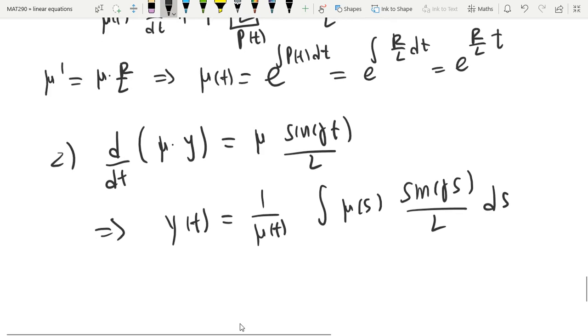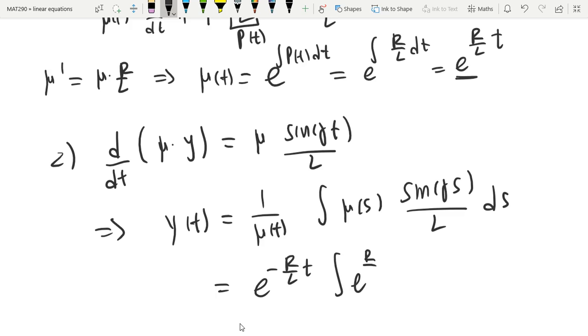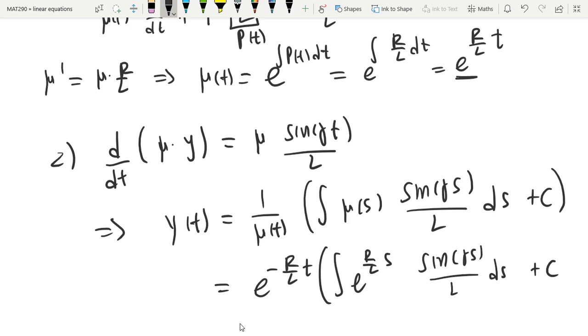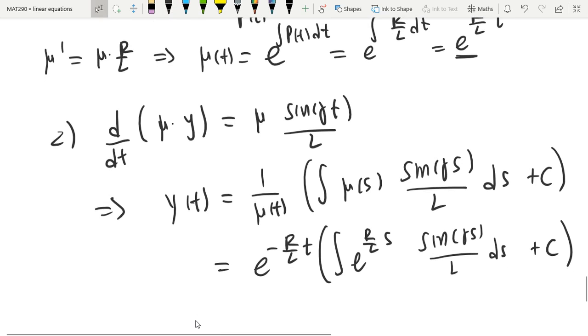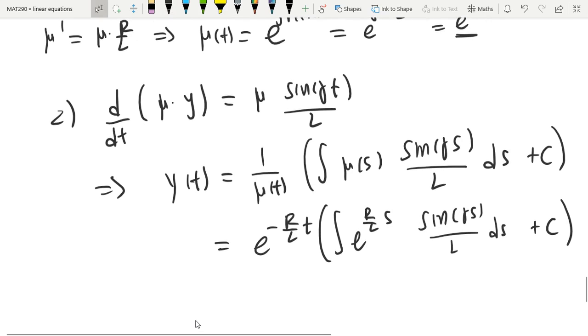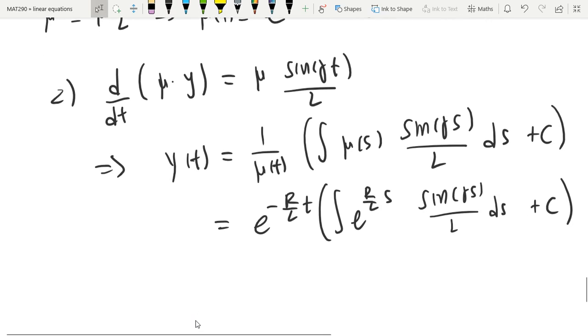And then we plug in our mu. Sorry, plus a constant. Always remember the constant. Okay, so that's it. That is the solution to the RL circuit.